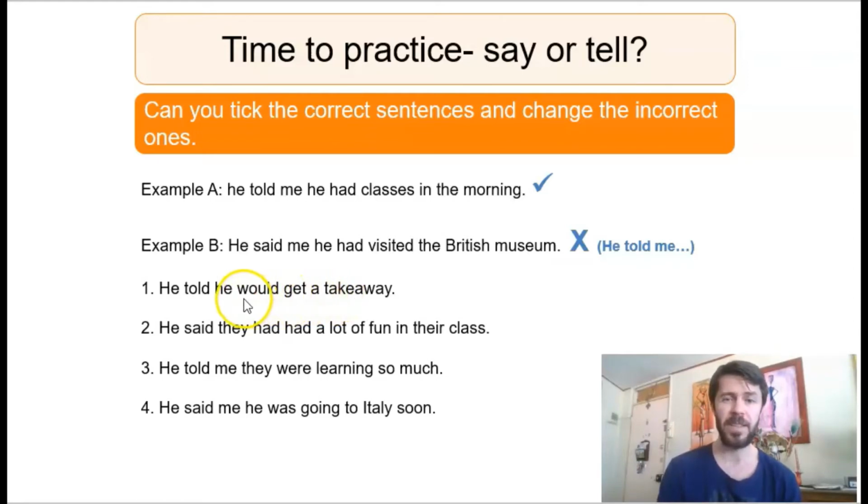It's not right: he told he would get a takeaway. No, because it's tell someone something.